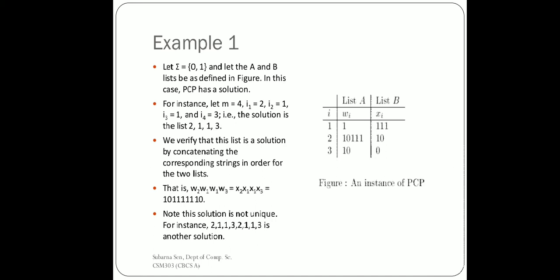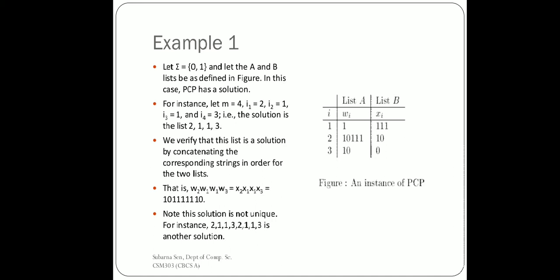Fine. So if M is equal to 4, we are considering I1 to be 2. I1 to be 2 means the first used string from both list A and list B will be W2 and X2. Why are we doing it like this? Whenever you are given this kind of problem, you have to check everything.